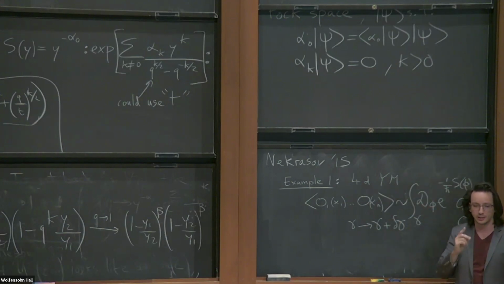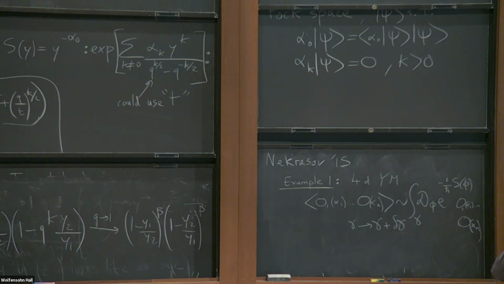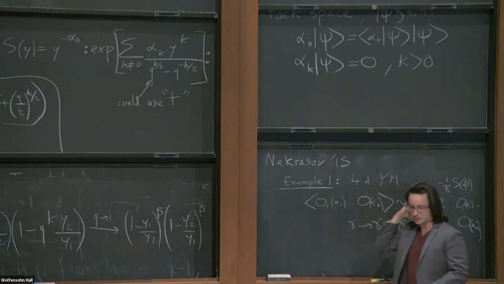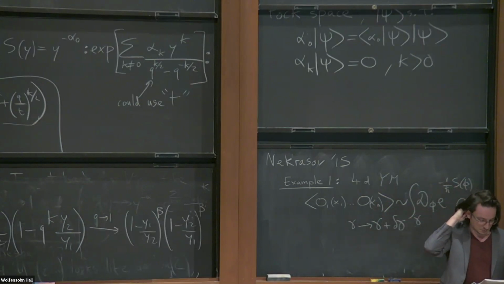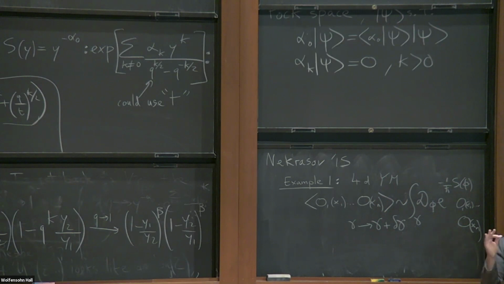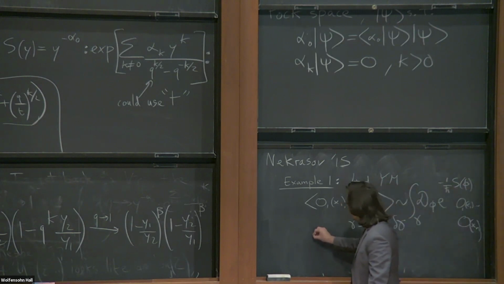And the contours that Nikita cared about were contours that take you from some, well, the connected components of the space of gauge fields are labeled by a number, an integer, called the instanton charge.